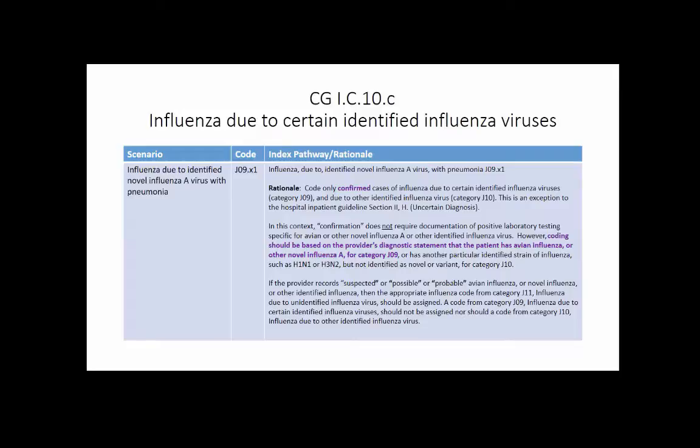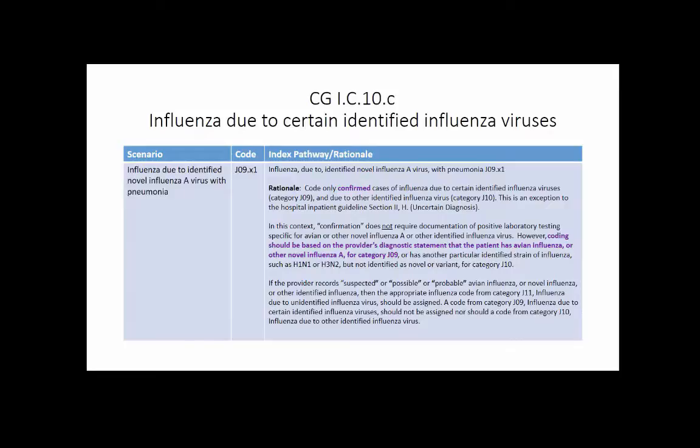This guideline has to do with influenza due to certain identified influenza viruses. You may remember from other podcasts that there are times we code only confirmed cases. HIV is one of those, Zika is another, and here is a third that we're going to be talking about, influenza due to identified novel influenza A virus.